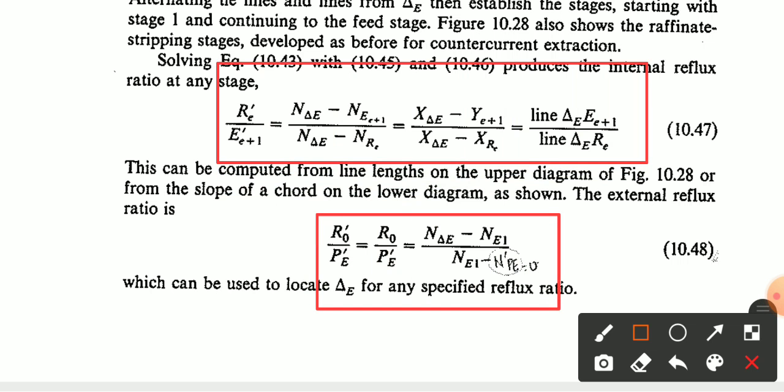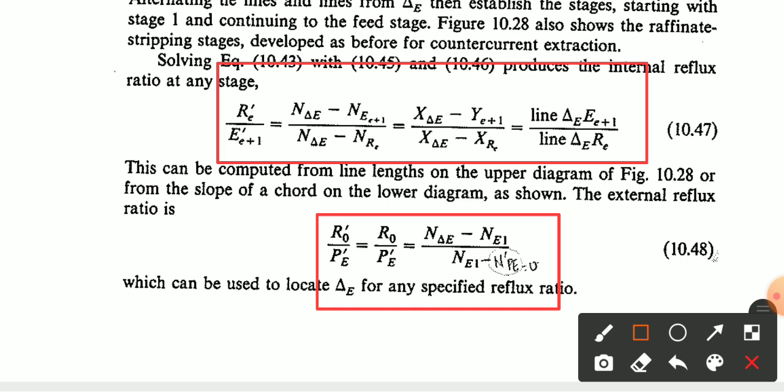Okay, now R dash E by E dash E plus 1 is n del E minus n E plus 1 by n del E minus n R E, which is equal to x del E minus y E plus 1 by x del E minus x R, which is equal to line del E E plus 1 by line del E R E. This can be computed from the length on the upper diagram of figure 10.28 or from the slope of this chord on the lower diagram.